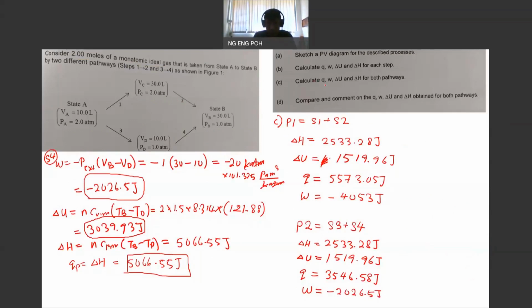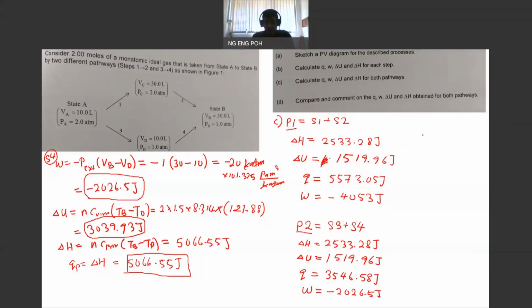So here you have already calculated Q, W, delta U, delta H for both pathway 1 and pathway 2. And now question D: compare and comment on the Q, W, delta U, and delta H obtained for both pathways.